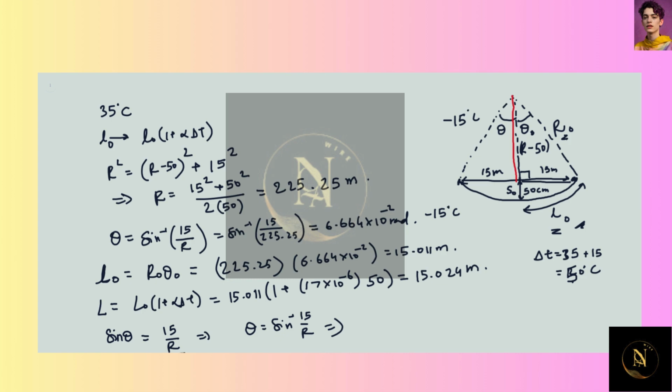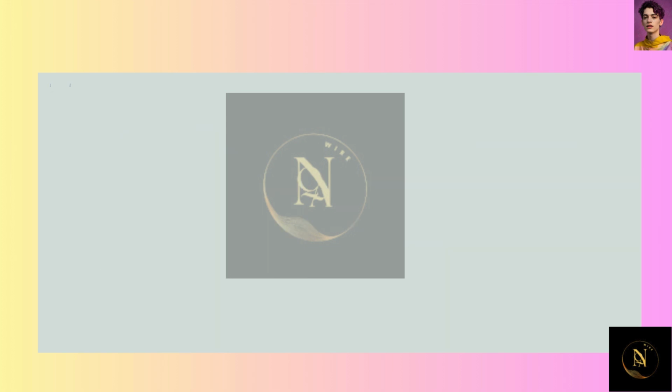We also know that theta is equal to L by r, where L is 15.024. So we have two variables, theta and r, and two equations, but it's not an easy equation to solve without approximations. Because our theta is very small, we can make an approximation.